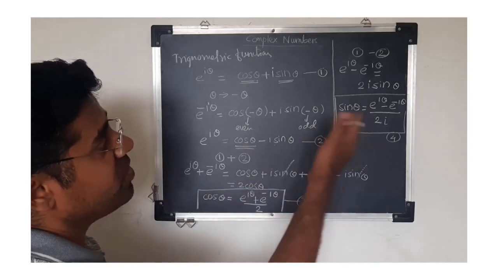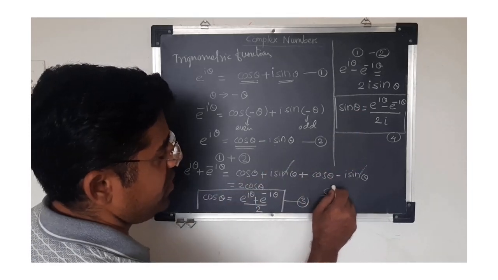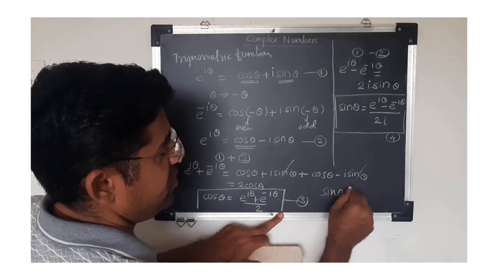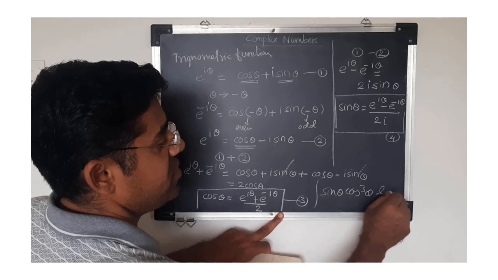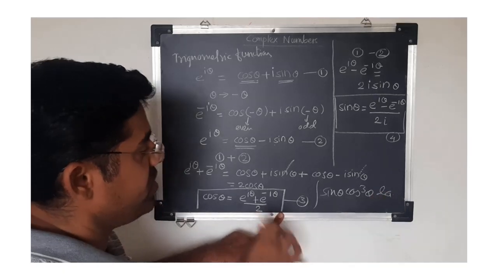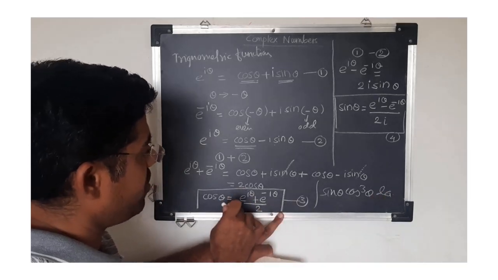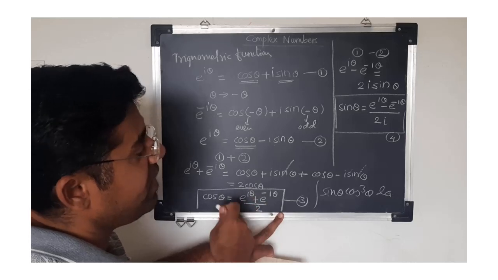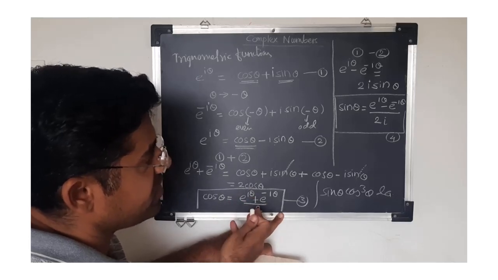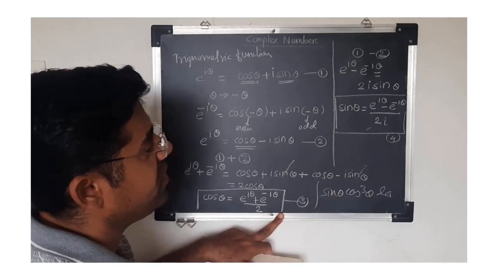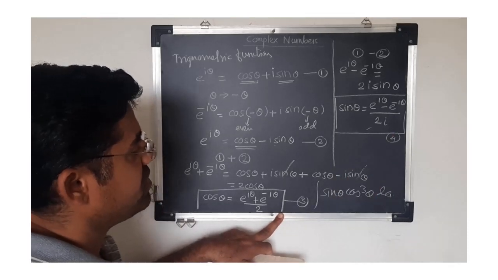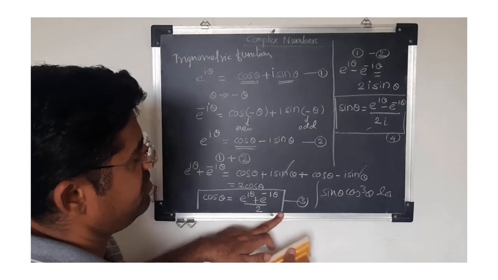Suppose you want to do the product, just like sine of theta into cos cube theta, and you want to find the integral of this d theta. Instead of that, with the product of exponentials, integrating such a function is easier as compared to your sine and cosine functions.